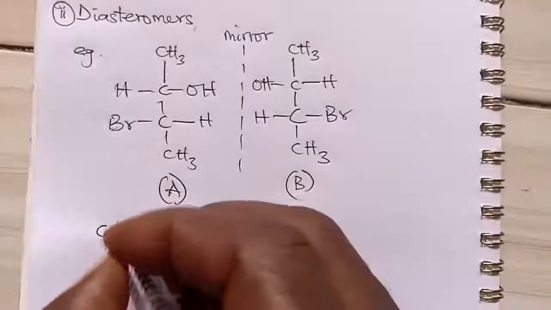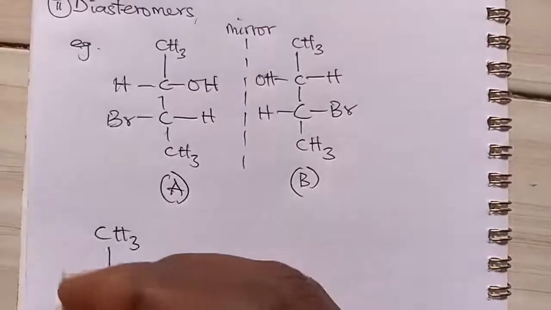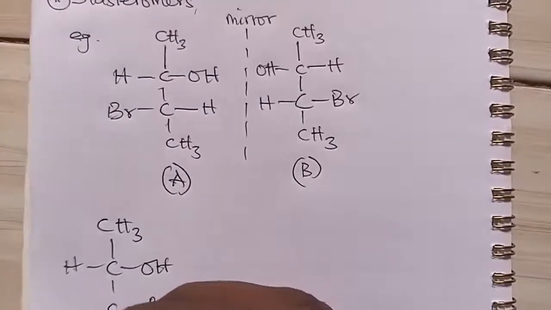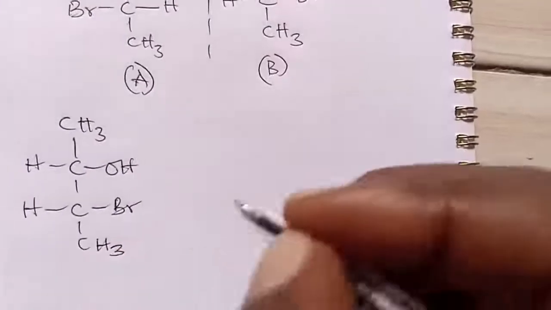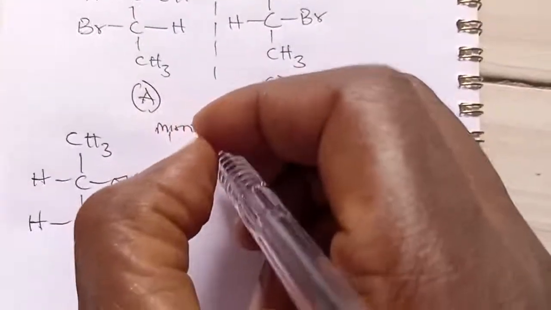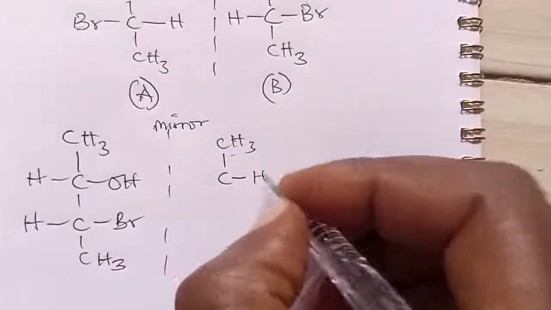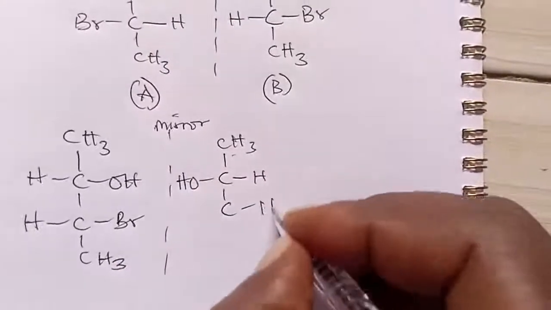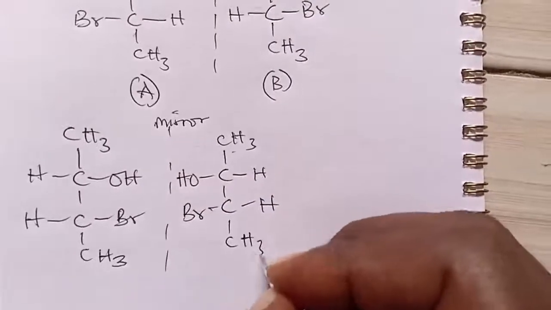If we have another CH3, OH, H, C, Br, H, CH3, and then we have a mirror, and we have CH3, we have H, we have OH, we have C, we have H, we have bromine, then we have CH3.